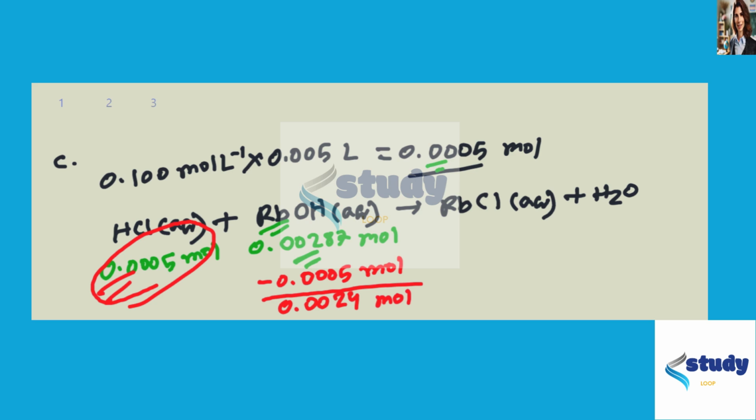So in the solution, after addition of 5 ml HCl, we will have this much base.